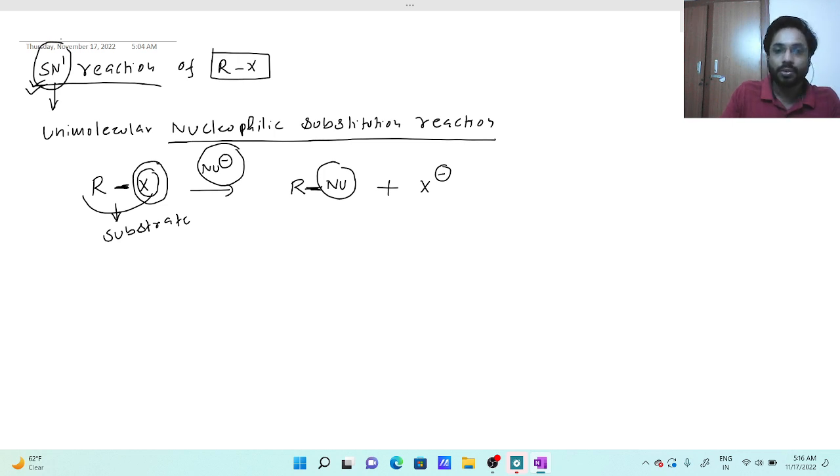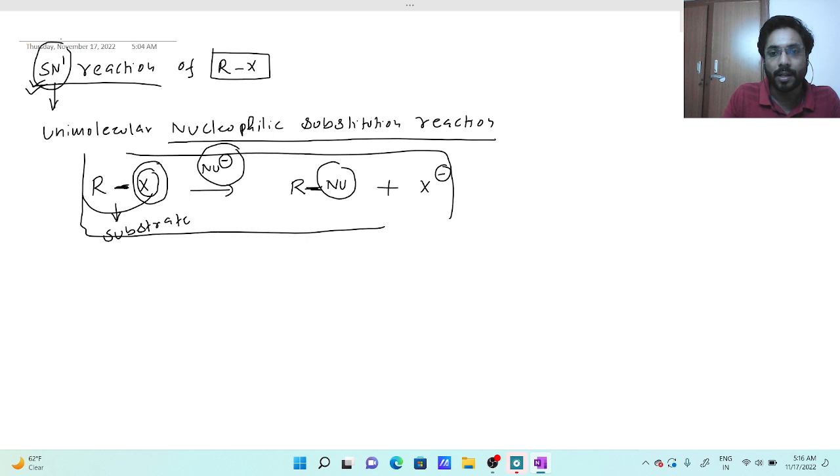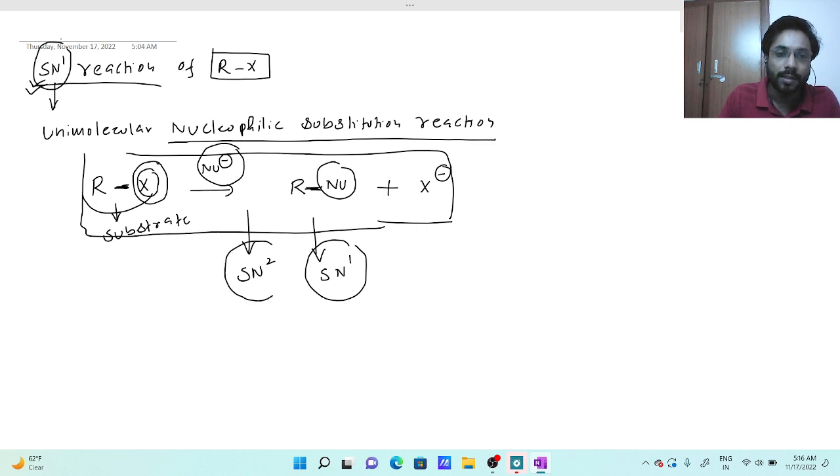Okay, fine. So basically this reaction can go via two ways. The first one which we have written here, that is Sn1 reaction, and the other one is Sn2 reaction. Two reactions are there which are very famous and which we have to discuss thoroughly. First of all we'll discuss the Sn1 reaction and then the Sn2 reaction.